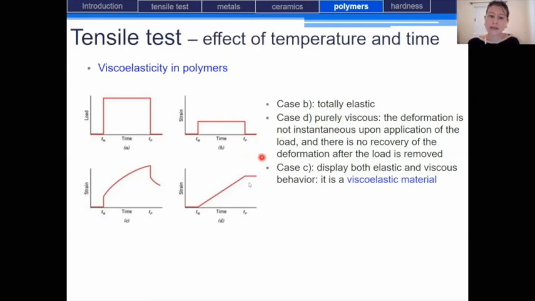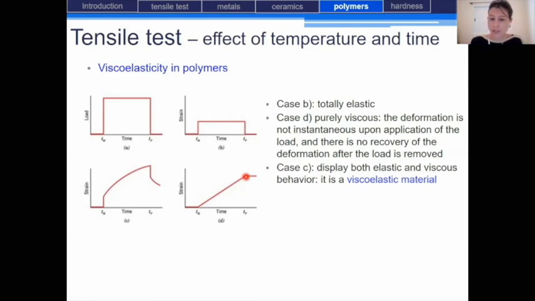Okay, then let's consider case D. In that case, we have the material in its initial shape up to ta, and at ta we can see a progressive increase of the strain. It progressively increases up to the removal of the stress.